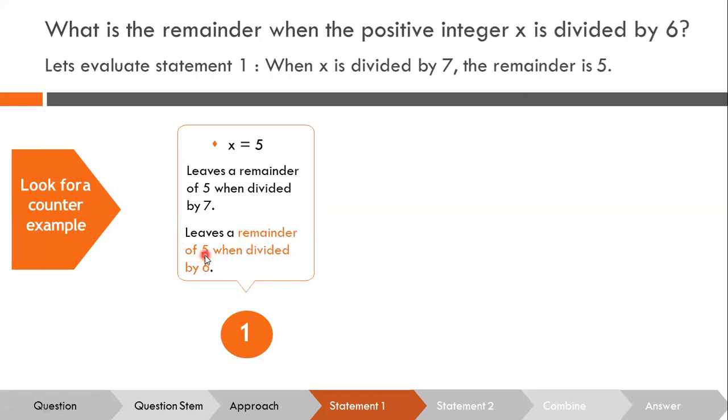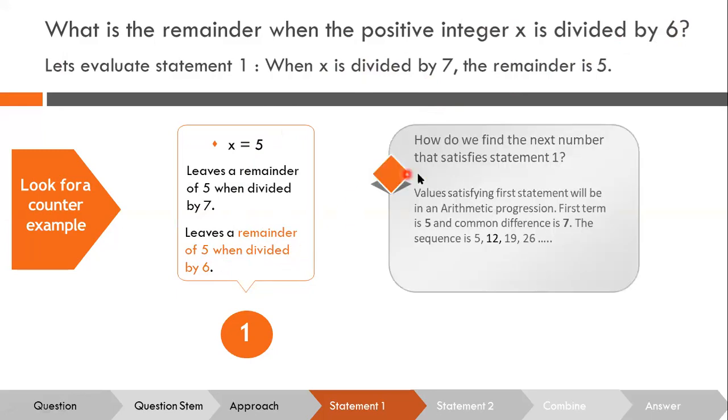Similarly, if we are dividing that integer x with our divisor 6, once again we are getting 5. So in this way, this is the digit x. When it is divided by 7, the remainder is 5. When it is divided by 6, once again the remainder is 5. So this is the first example.